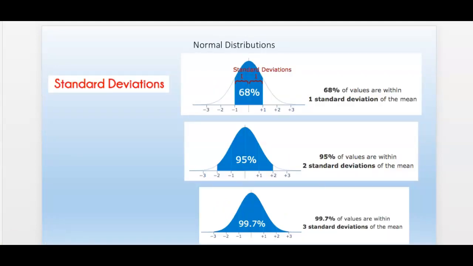And that shows it right there. Again, 68% within 1, 95% within 2, and almost all of it, 99.7%, within 3 standard deviations of the mean.